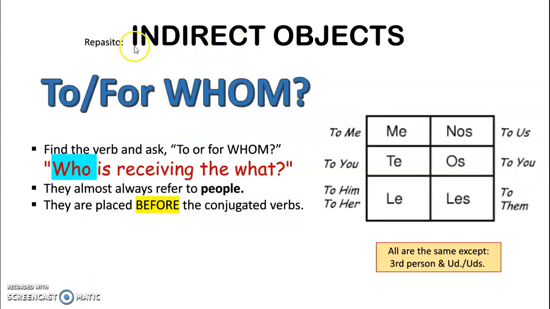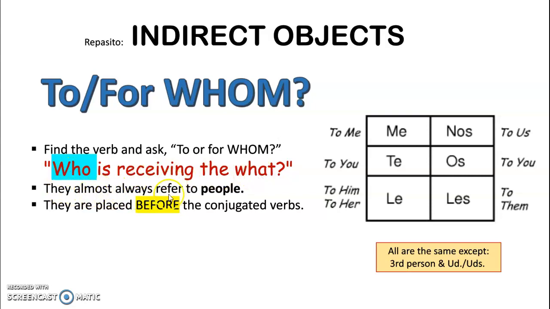Now let's review what an indirect object and indirect object pronouns are. So these answer the question, for whom or to whom is the action being performed? So first you find the verb and you ask to whom or for whom. I like to say who is receiving the what.